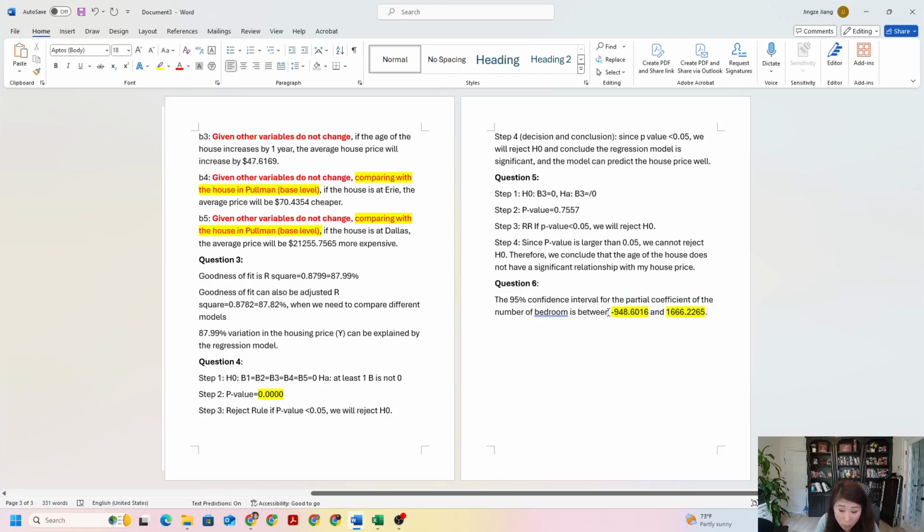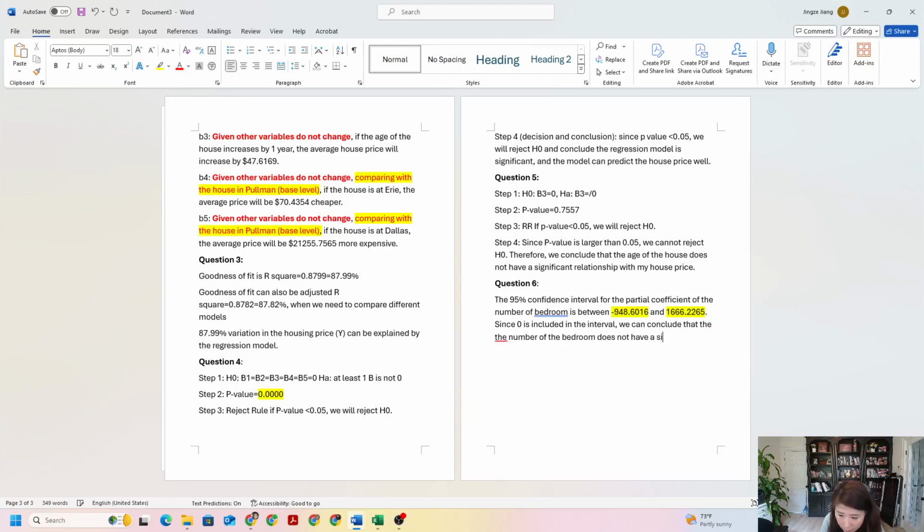Since the lower boundary is negative and the upper boundary is positive, you know zero is included, right? So since zero is included in the interval, we can conclude that the number of bedrooms does not have a significant impact on the house price.